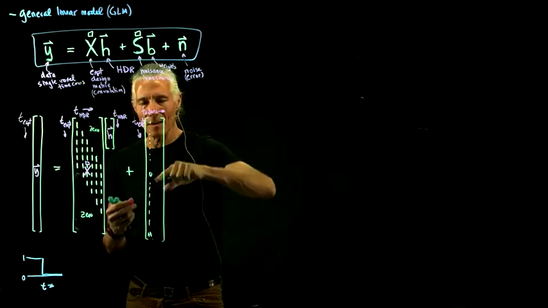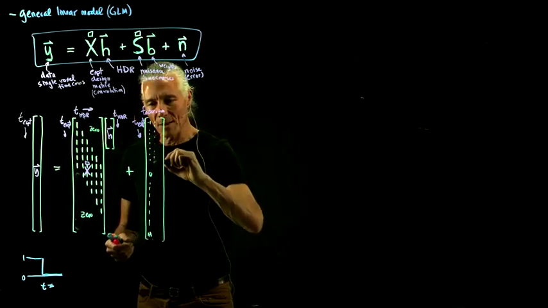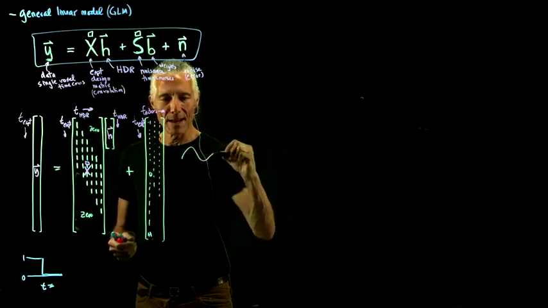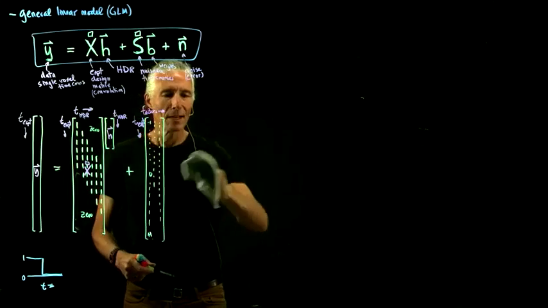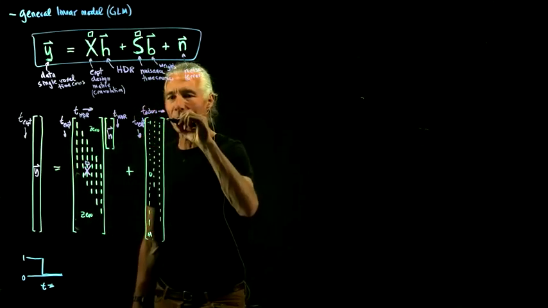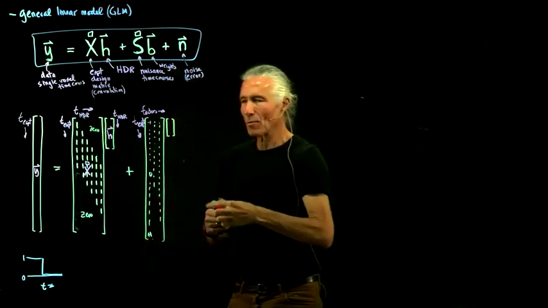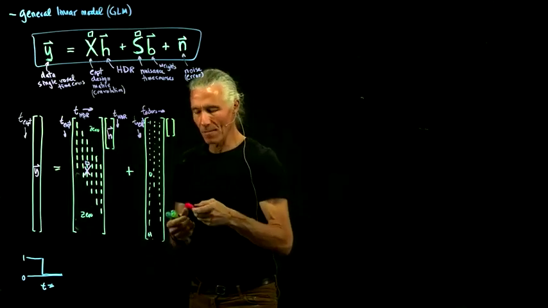So there'll be another, maybe this is coding for a little bump. This one's coding for sort of an up and down bump. So those are all our different factors, and those will be multiplied by a smaller vector, which is the weights for each of those factors, also an unknown.